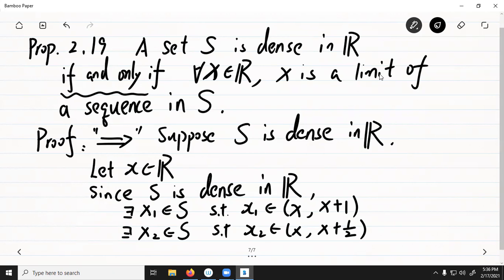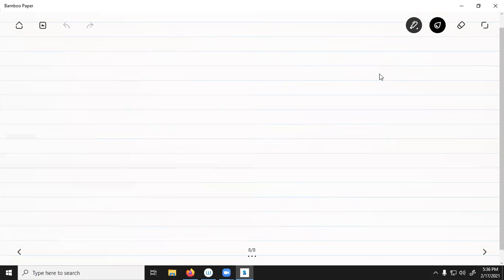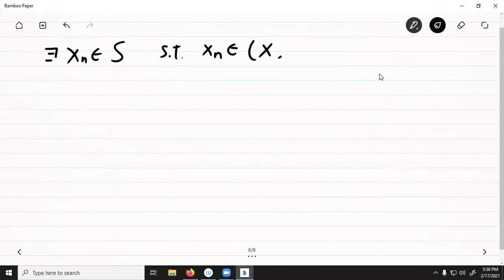Then we continue this way. There exists an Xn in S such that Xn is in the interval from X to X plus 1/n. Then you continue this way, and you can form a sequence.